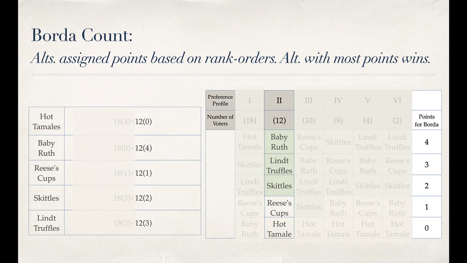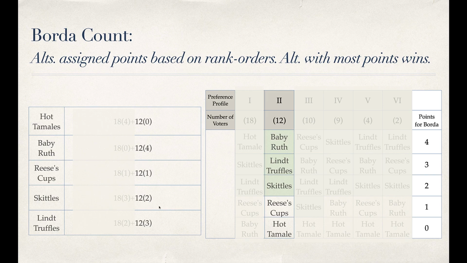Same thing here with group 2. Group 2 ranks Hot Tamales as a 0, so 12 voters give it 0. They give Baby Ruth 4 points, so 12 voters give Baby Ruth 4 points. They give Reese's Cups 1 point. You can see it over here, 1 point for Reese's Cups. So 12 voters give Reese's Cups 1 point.